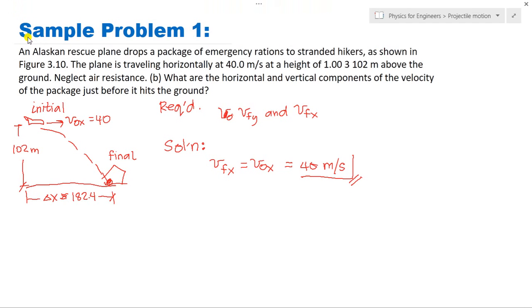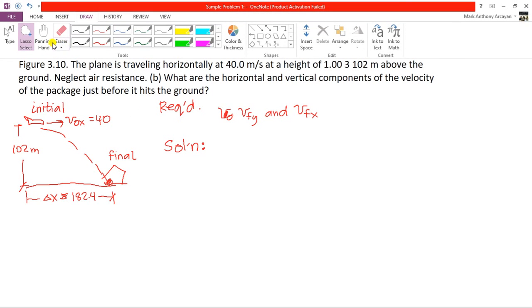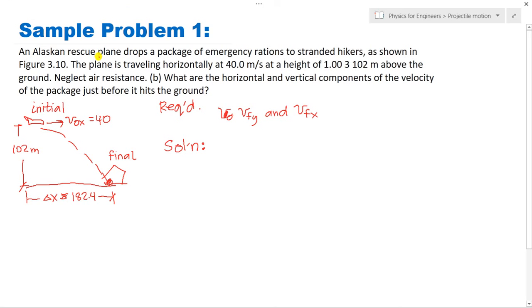Sa vertical natin. So let's use the free fall motion. So we already have displacement. We also know g. Alam natin yung g dito. So we try to look for kinematic equations that has this given.